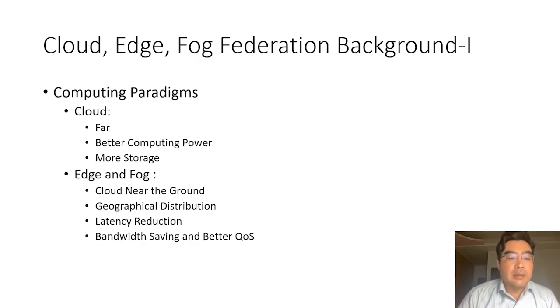So we know that cloud, edge, and fork each have their advantages. Cloud is far away, big, with big computing capacity and storage capacity. On the other hand, the edge and fork are closer to the subscriber. And because they are much closer, they couldn't be centralized.